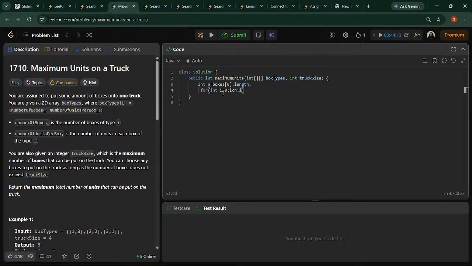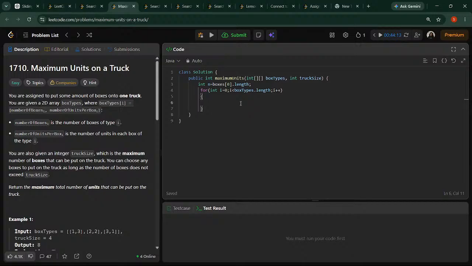i less than n, i plus plus, right? Then it should be box types dot length. Box types dot length. In for i equal to 0, i less than box types dot length, right?